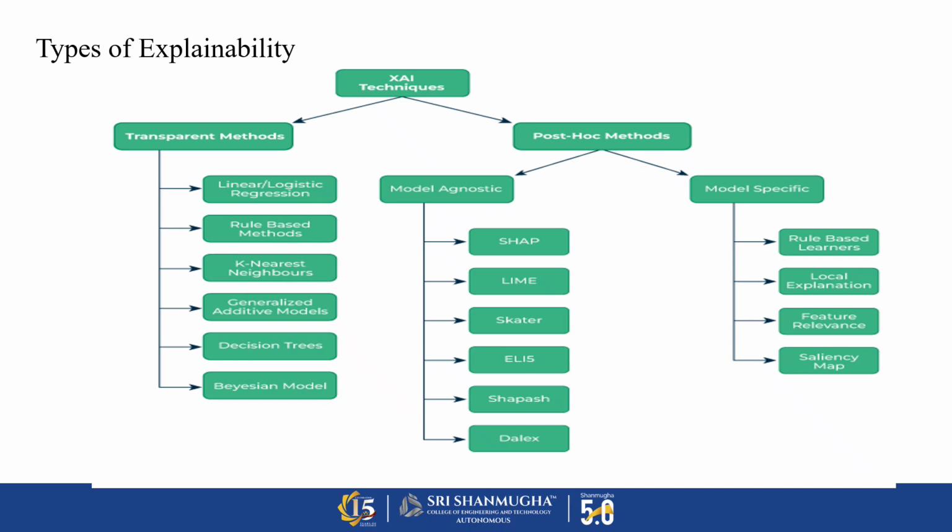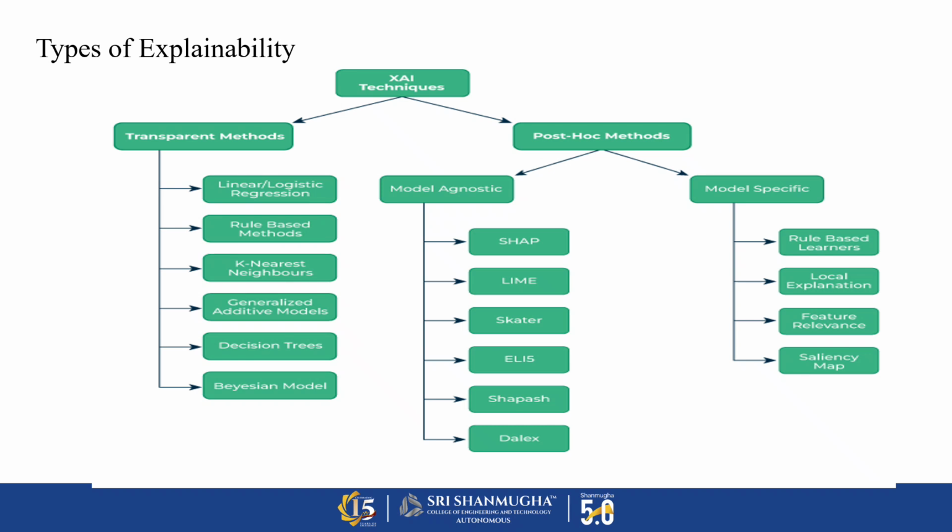Another one is the post-hoc method. What we are going to see now is called the post-hoc method, which means your model predicts everything first. After that, we apply model agnostic or model specific methods. These are some of the algorithms we apply on our already predicted data to find the reason or the cause of this prediction.